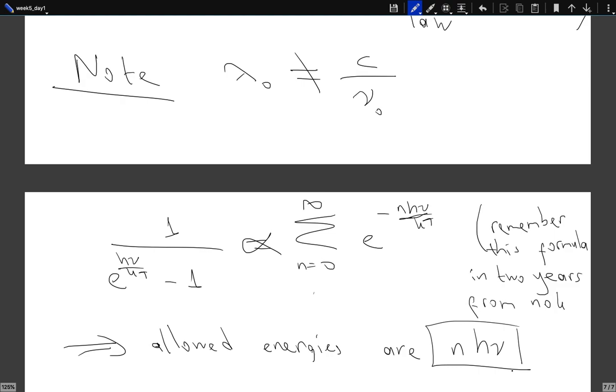But what this expression told Planck was that when the electromagnetic radiation and the oscillators in the walls exchange energy, the oscillators can only emit energy at a given frequency nu in terms of multiples of h nu.